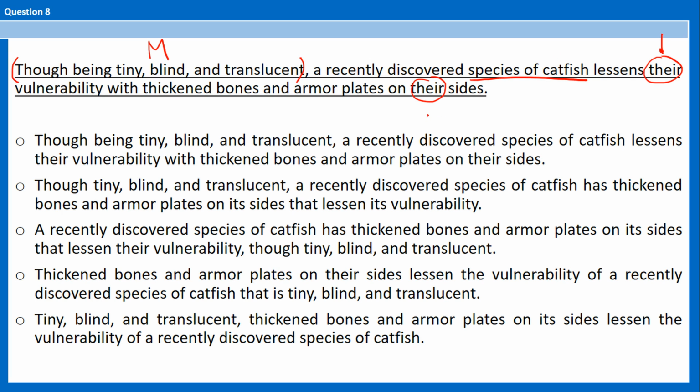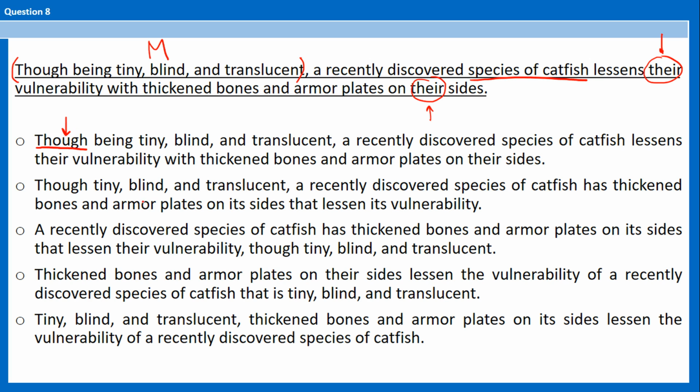Their is plural. And we need though or any contrast word because there is a contrast here. They are tiny, blind, and translucent. However, this species of catfish lessens their vulnerability. How? Well, they have thickened bones and armor plates. Okay, so they're protected.